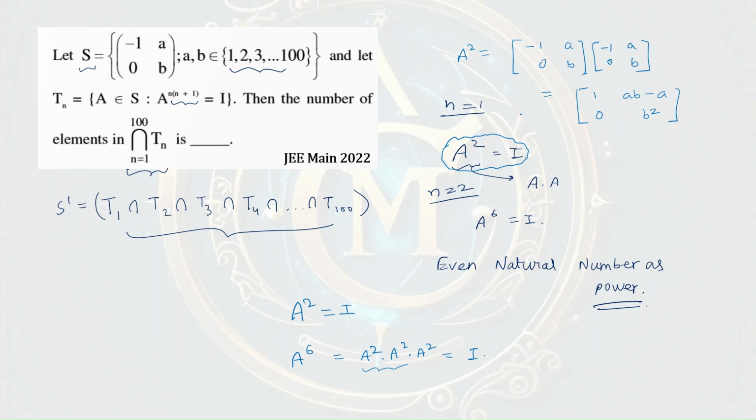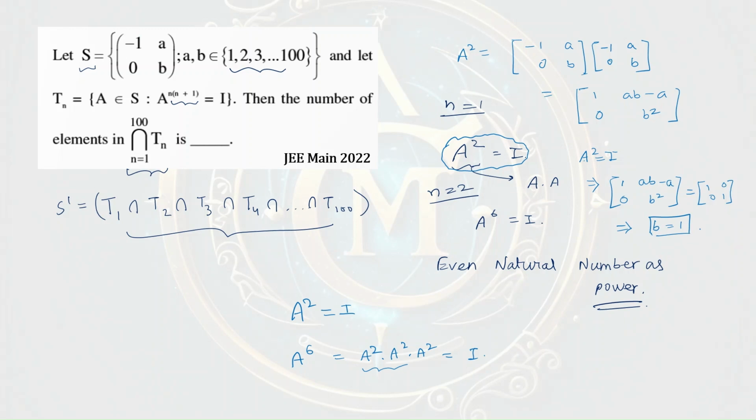So A square is I. That means this matrix with first row 1, ab minus a, and second row 0, b square is equal to the second order identity matrix, that is 1 0, 0 1. Now if this is equal to I, then we can clearly say b should be equal to 1.